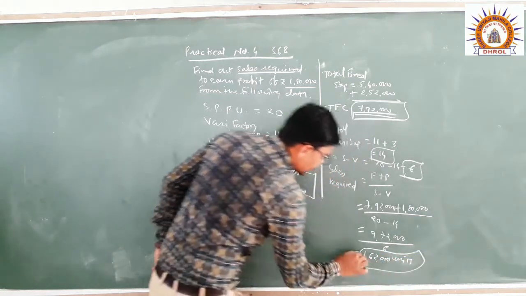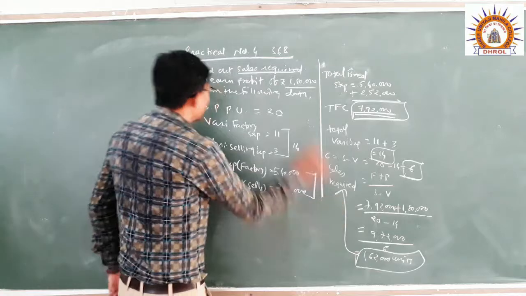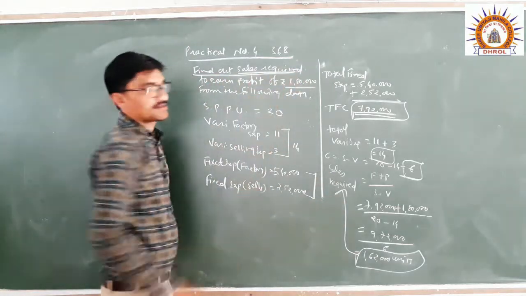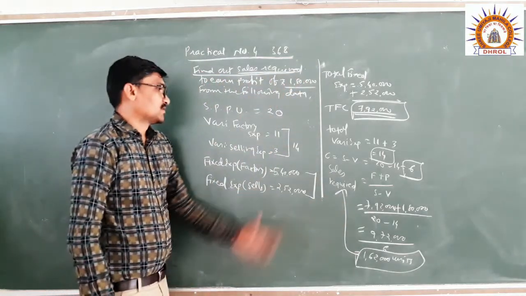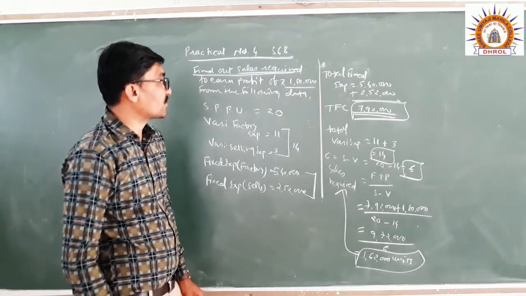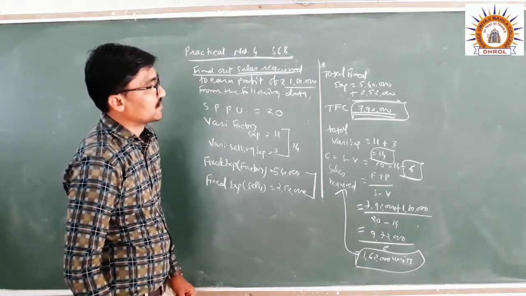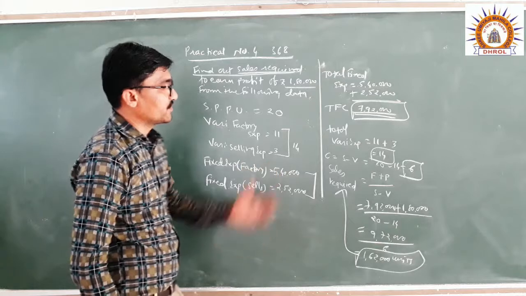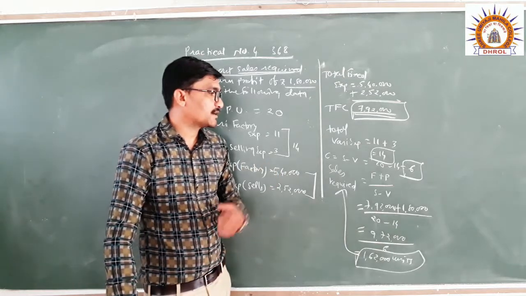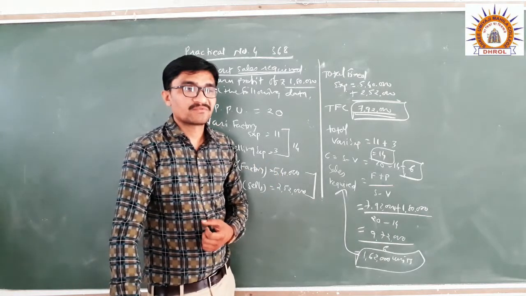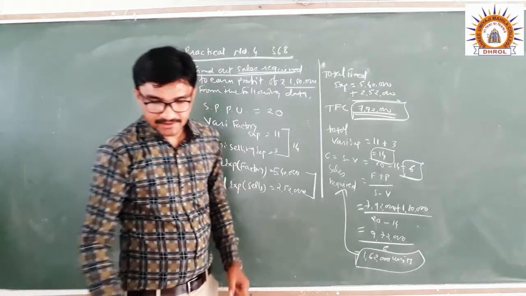So this is the answer, the sales required, and this is your question. So this is example number 4. I hope you understood well again, right? And if you have any query, again I am telling you, you can freely contact me, right?